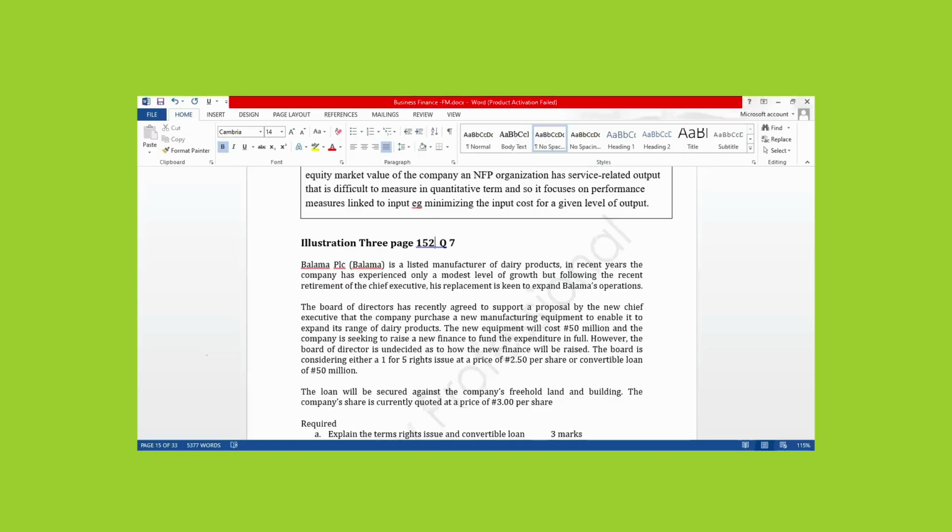However, the board of directors is undecided as to how the new finance will be raised. The board is considering either a 1 for 5 rights issue at a price of 2.50 per share, or a convertible loan of 50 million. Now look at that. This company needs to generate 50 million naira finance.